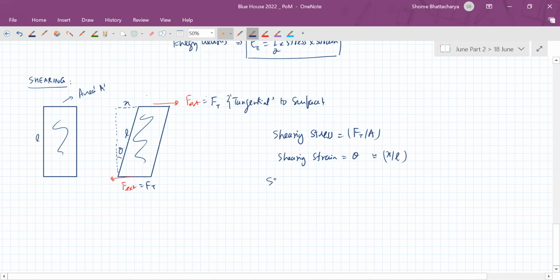So the ratio of shearing stress to shearing strain is called the modulus of rigidity, and that is also a material property.